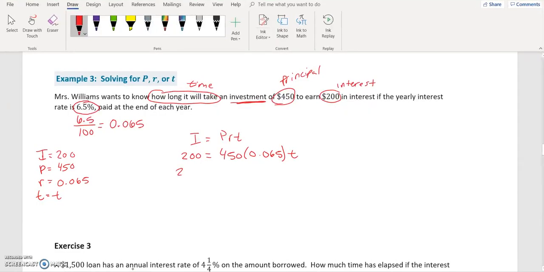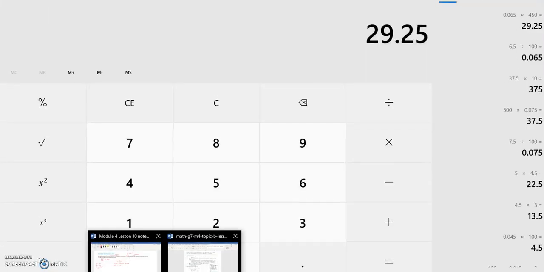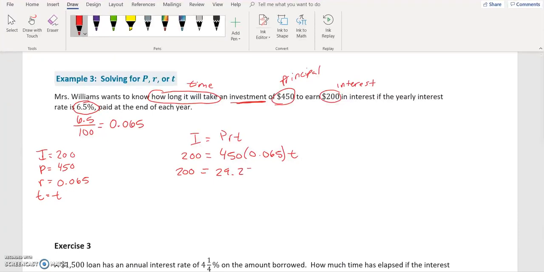So 200 was left alone, we didn't do anything with it. Nothing happened to the T, so it's just T. I'm multiplying here, so to get T by itself, I've got to undo. So I'm dividing both sides by 29.25.